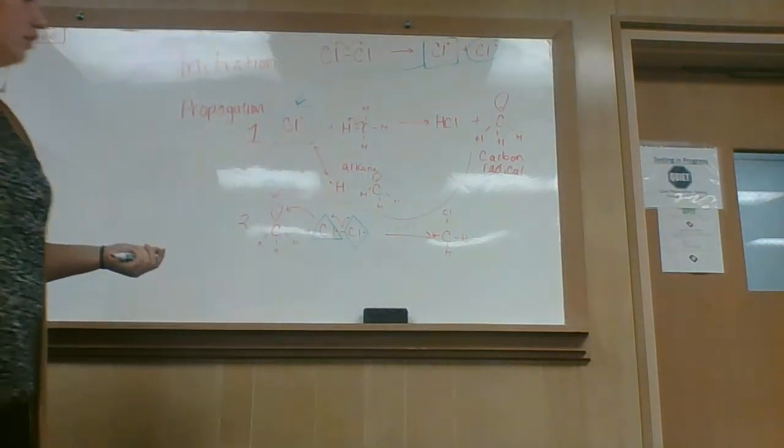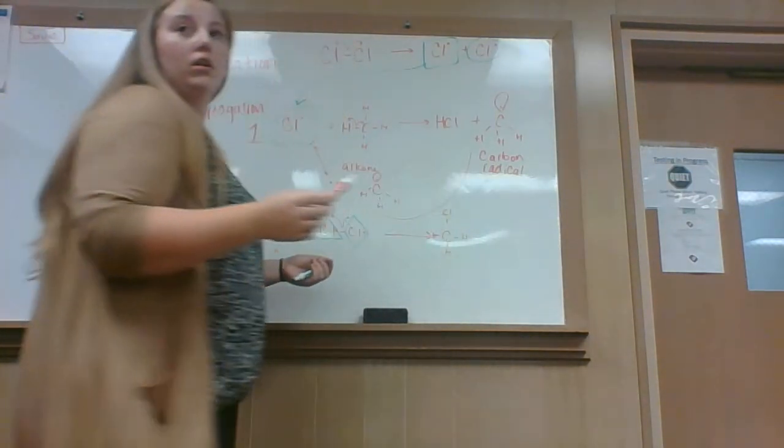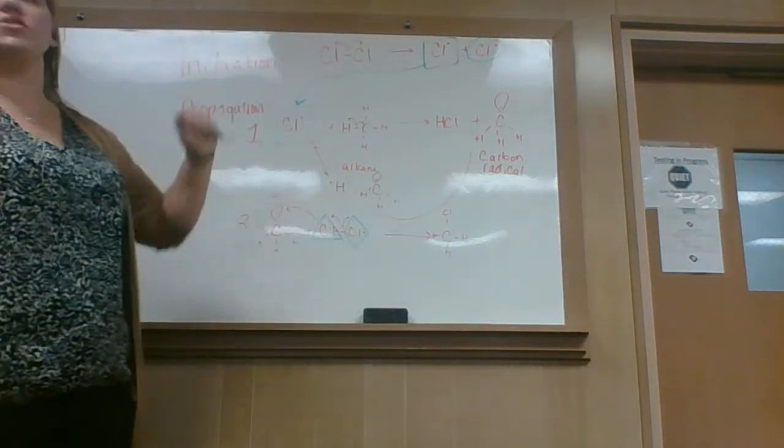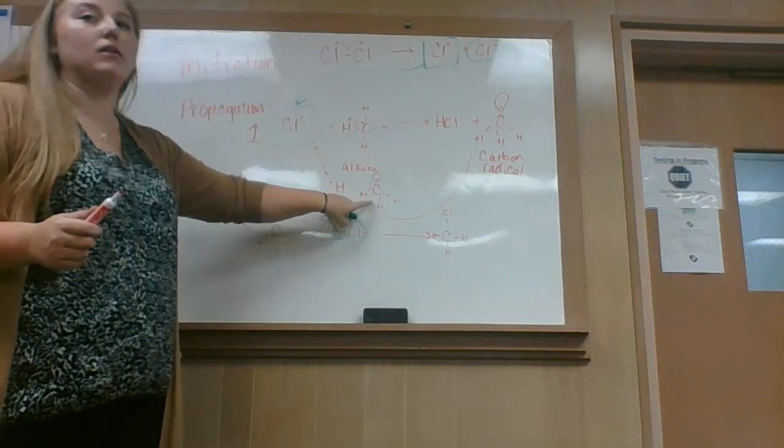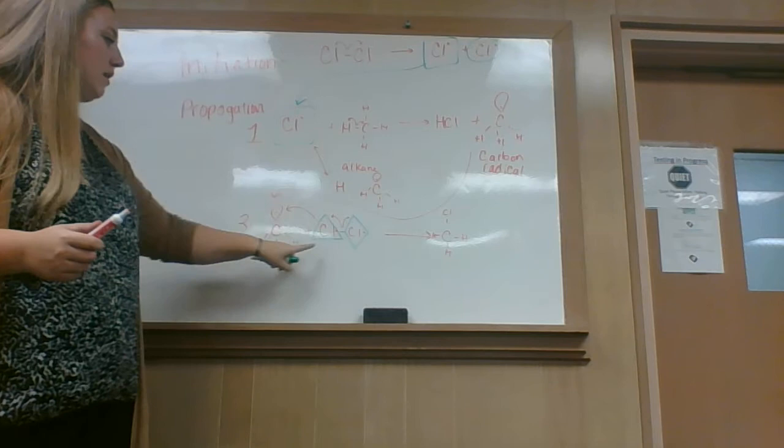Good question, though. What type of cleavage in propagation 1? All of this is homolytic cleavage, and you can see here we're making radicals again.